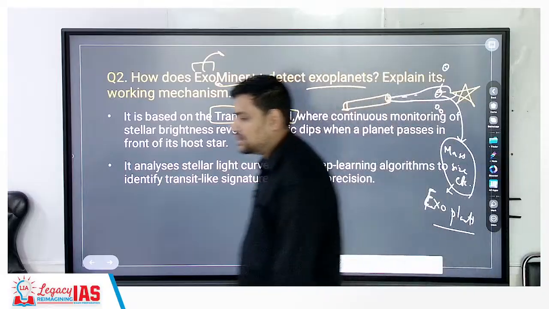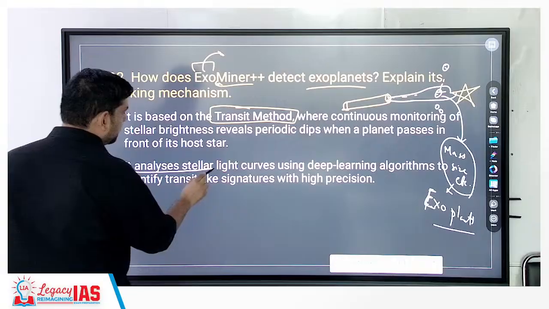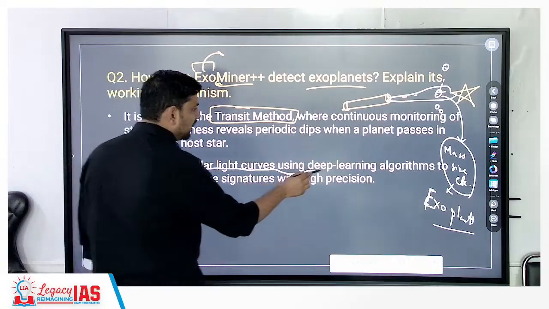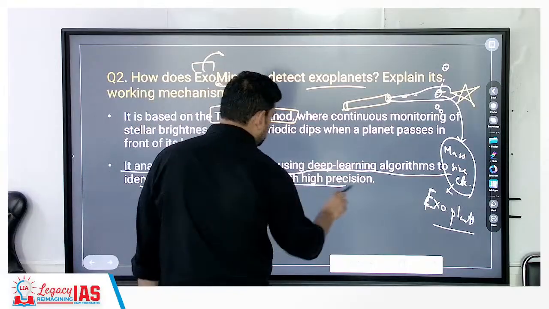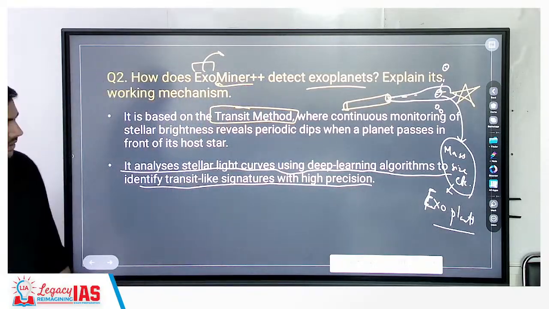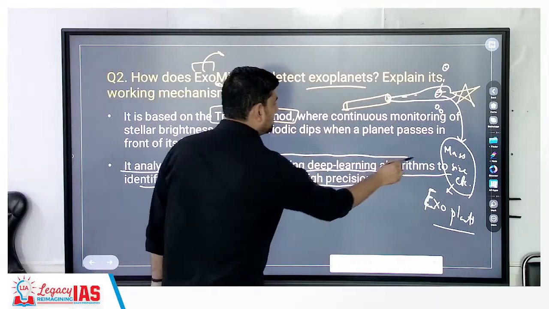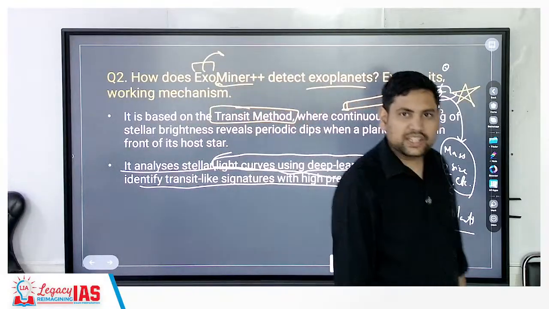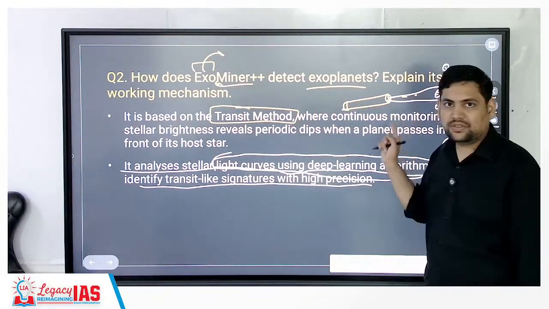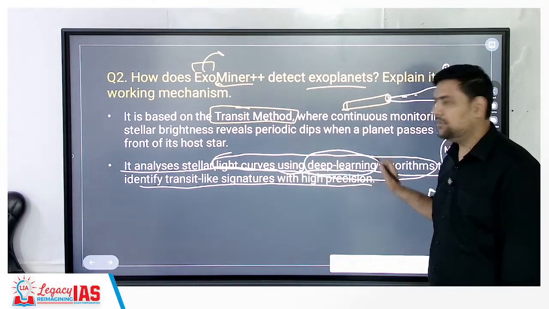Then the next thing is that it analyzes stellar light curves using deep learning algorithms to identify transit-like signatures with high precision. Understood? So it is understanding the light curves using deep learning algorithms. Whatever is the bending or curving of light because of the passage of a planet, it is analyzing using deep learning.